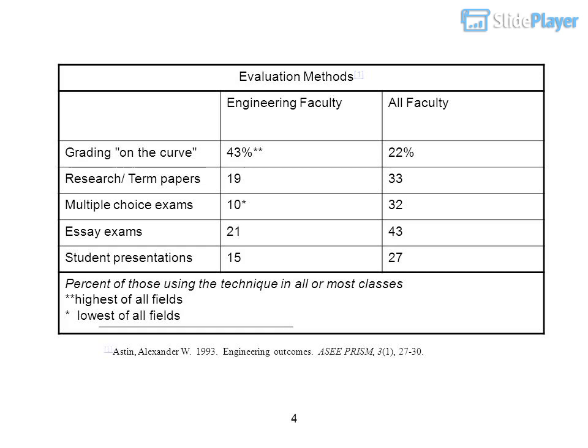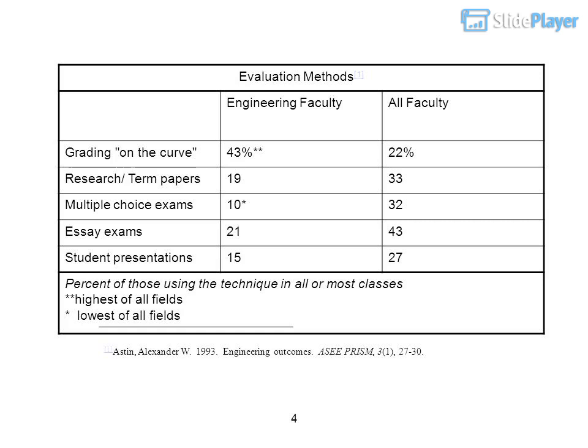Multiple choice exams: 10, 32. Essay exams: 21, 43. Student presentations: 15, 27% of those using the technique in all or most classes. Highest of all fields. Lowest of all fields.